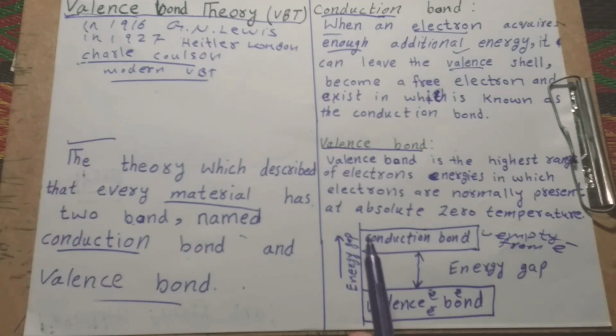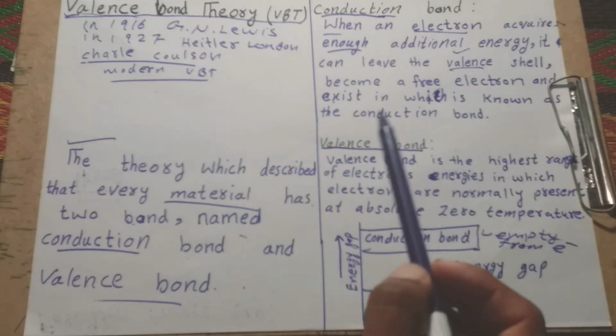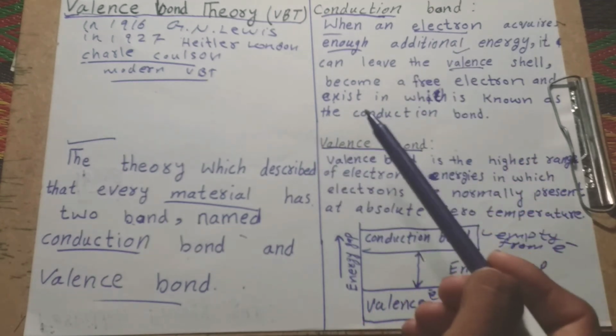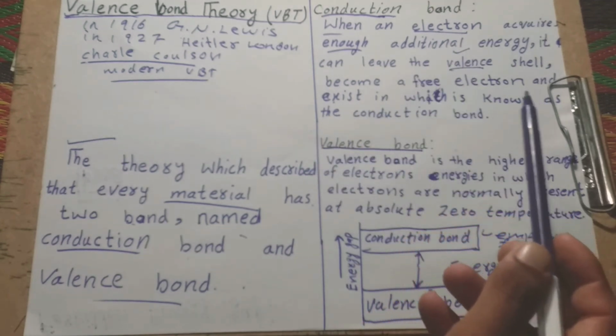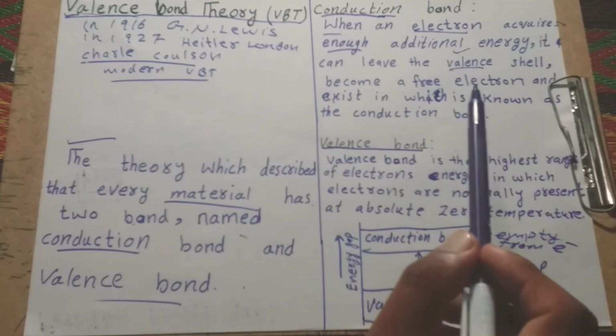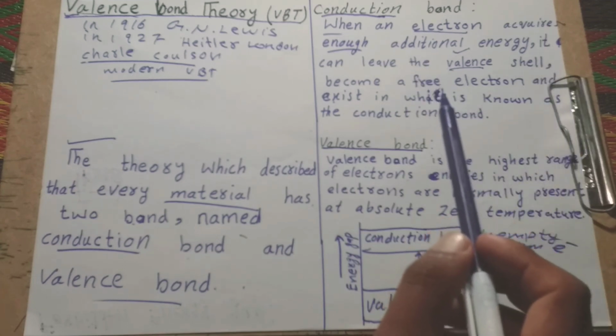After getting energy, electrons leave the valence shell and become free electrons, which then exist in the conduction band.